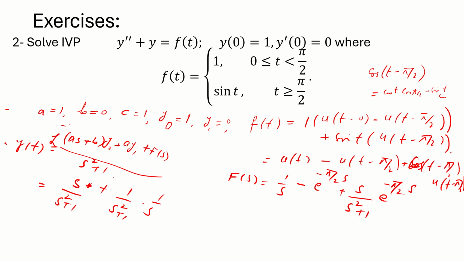Don't forget to write Laplace inverse of this. The next one is plus 1 over s square plus 1 in the bracket, s by s square plus 1 minus 1, e power minus pi by 2s.